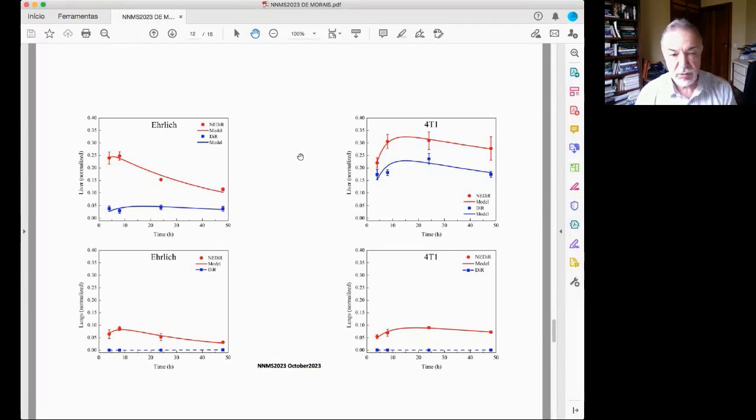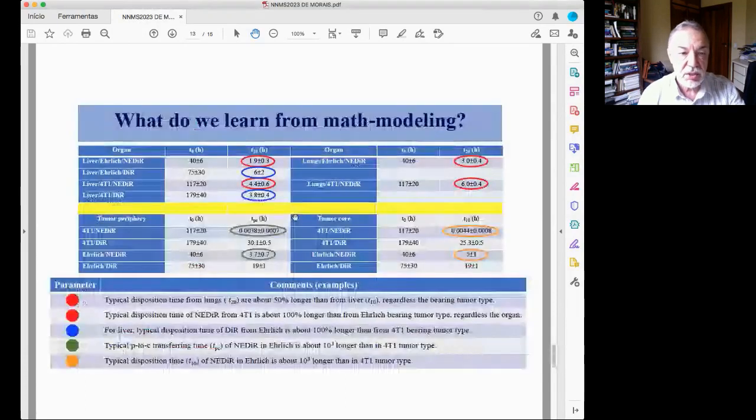So, of course, from these typical times, you can extract the half-life for any kind of time you are looking at. In this regard, we can emphasize some very interesting conclusions.